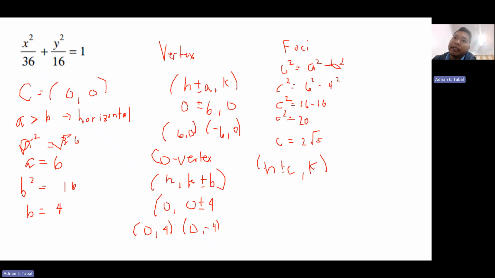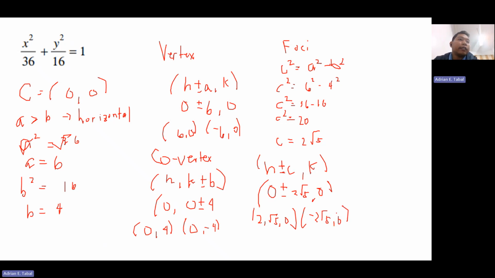So there are only two foci. If it's horizontal, you can use H plus or minus C. So our H is 0 plus or minus 2 square root of 5, then 0. So the coordinates of our foci are 2 square root of 5, 0, and negative 2 square root of 5, 0.